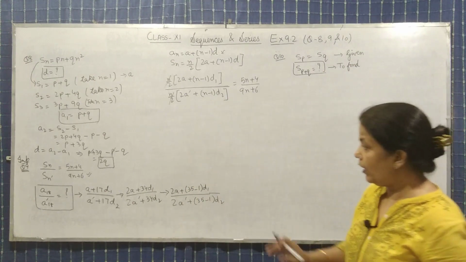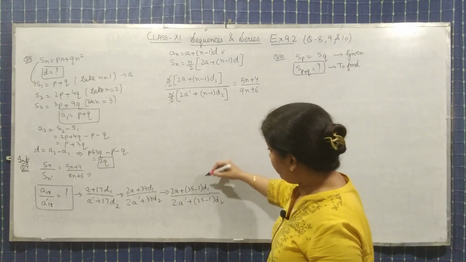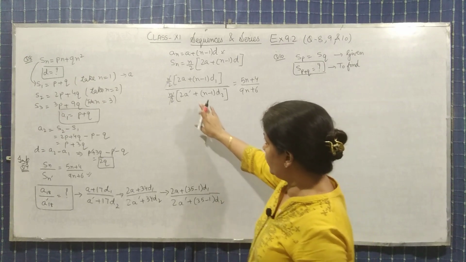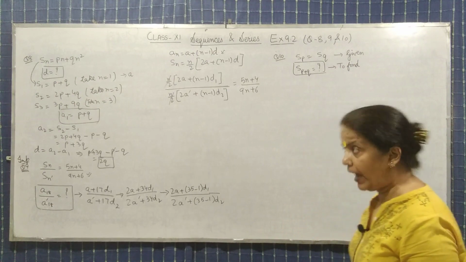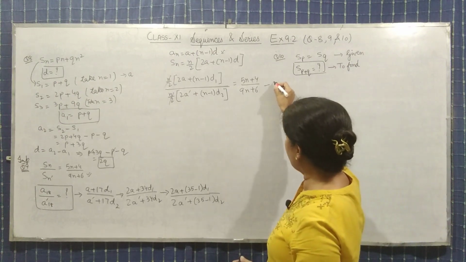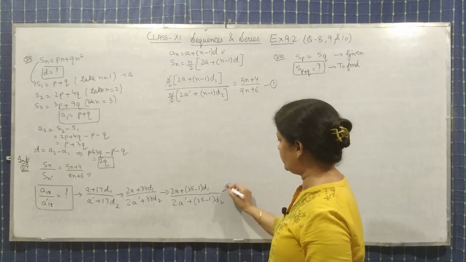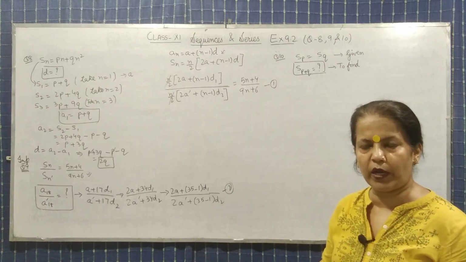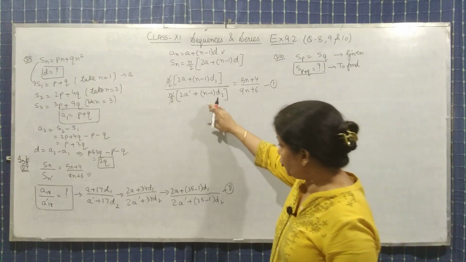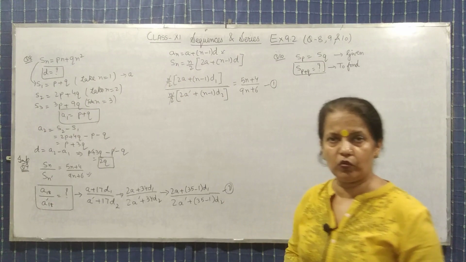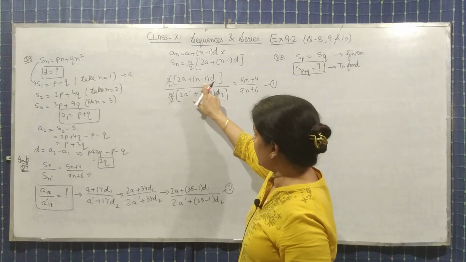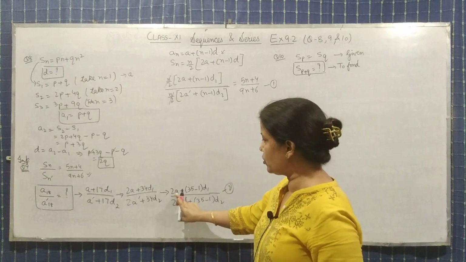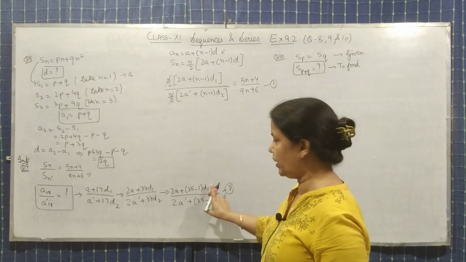Is it clear? Now, if we compare this with this, can you tell me, on comparing equation 1 and 2, what should be the n value? See, this is 2a + (n − 1)d1, and here it is 2a + (35 − 1)d1.